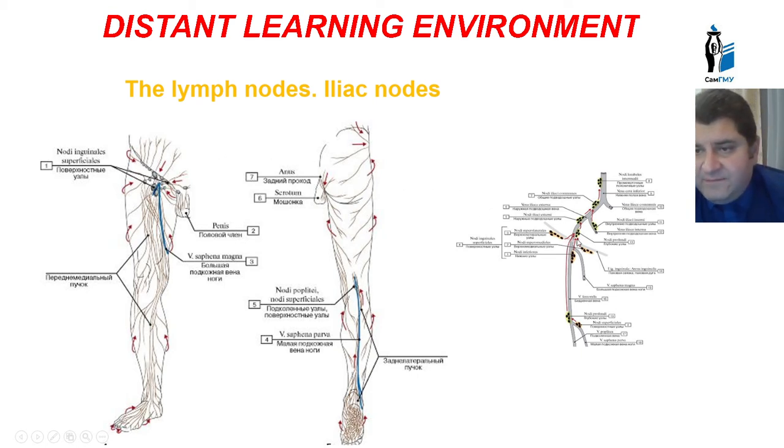Next, this lymph passes into profound nodes, external iliac nodes, common iliac nodes, and also lumbar intermediate nodes.